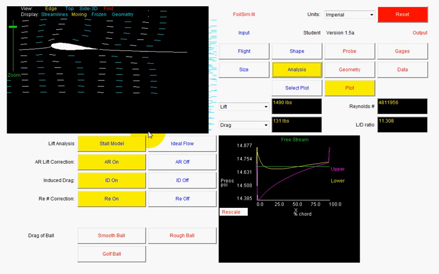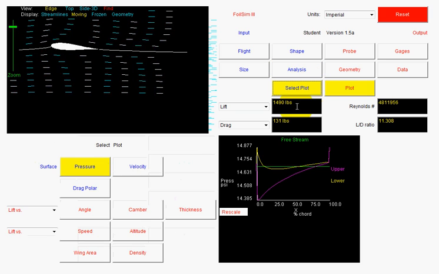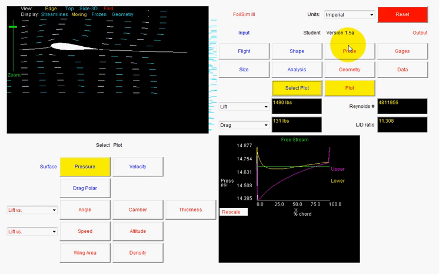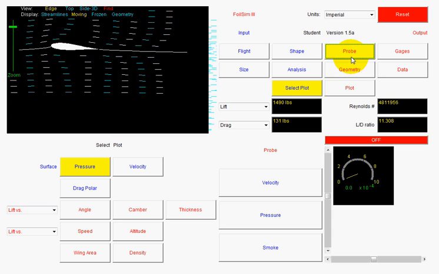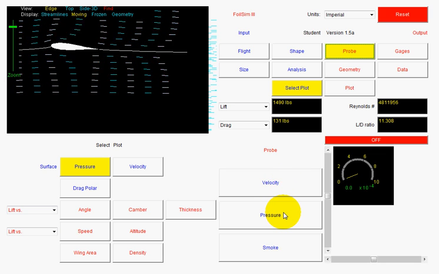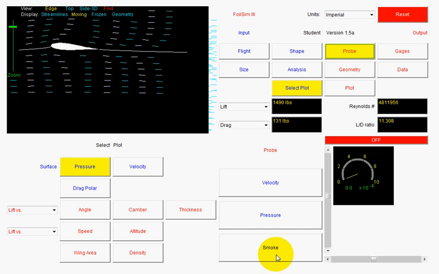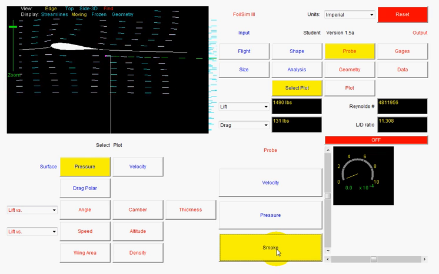We can also do some analysis on this wing. And we can also change our outputs. We can plot this as a graph. We can use probes. We can use a velocity probe to measure speed, a pressure probe to measure pressure, and a smoke probe to see the trail that the wing is leaving.